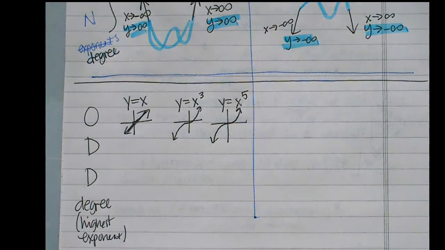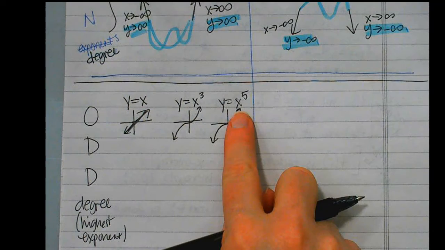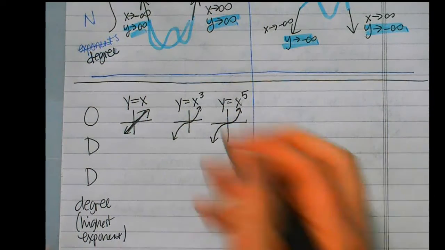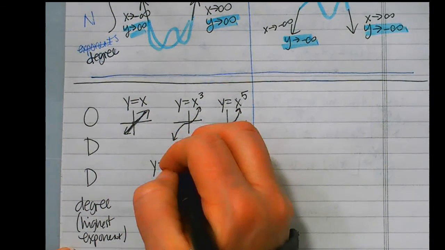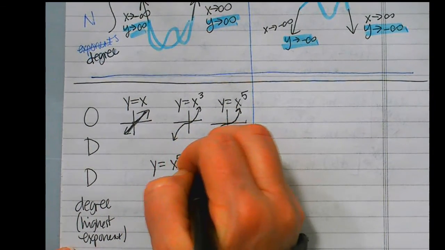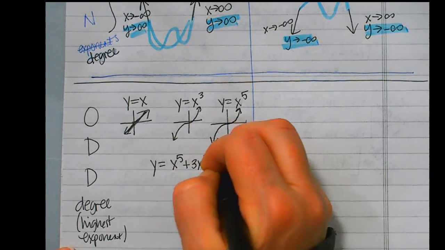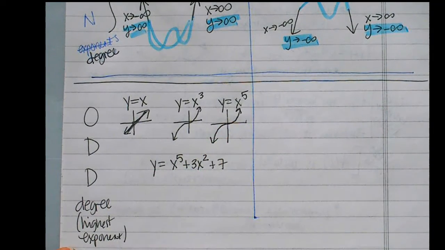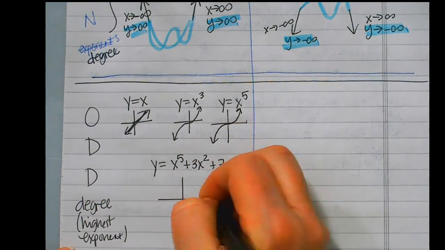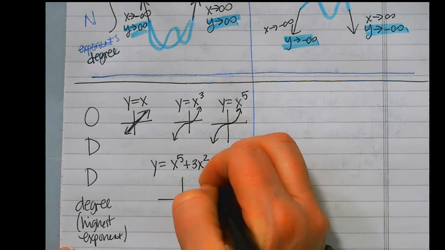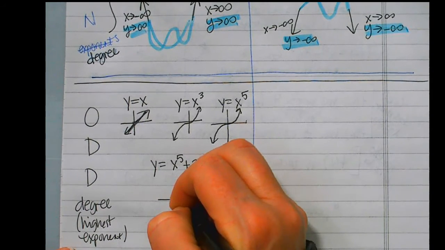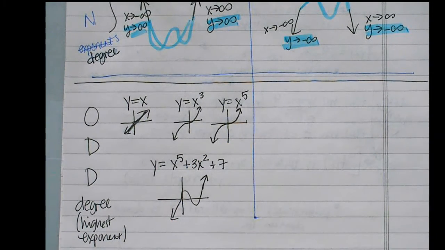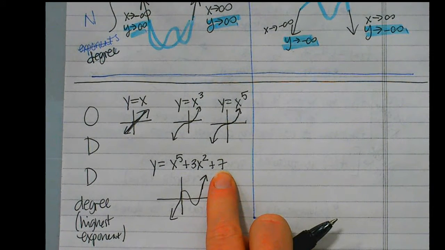And if we had other things added to it, like y equals x to the fifth plus 3x to the second power plus 7, I don't know exactly what it looks like, but I know it would go up on this side, and then it would go something like that. It has more wiggles in it with these other things added.